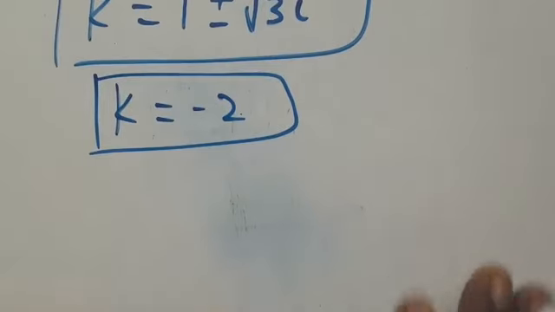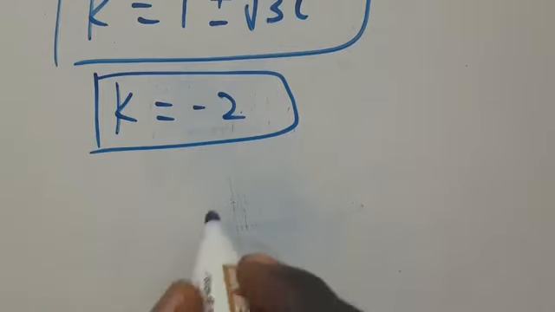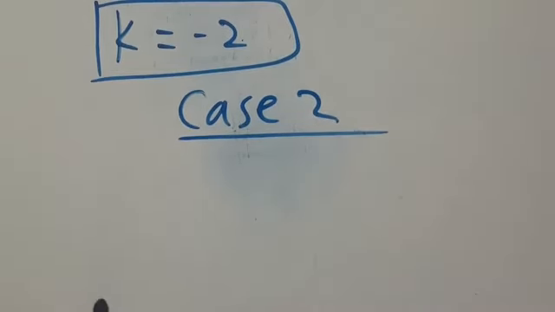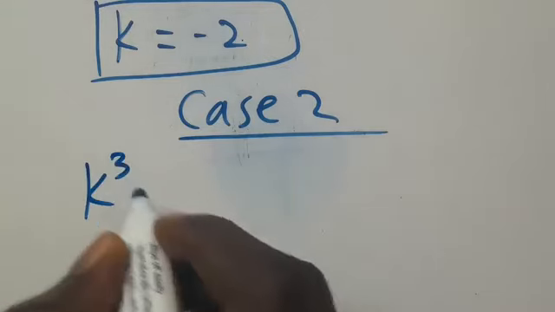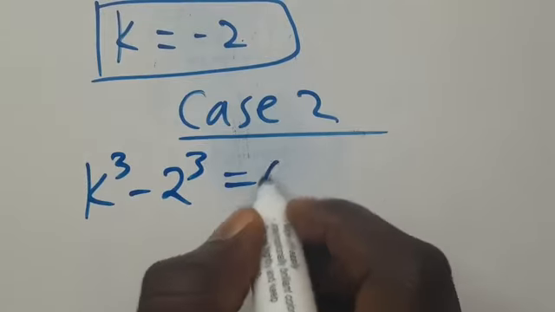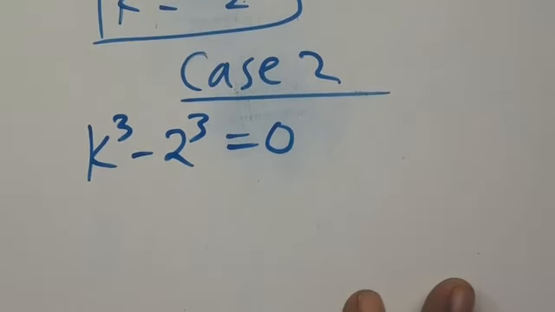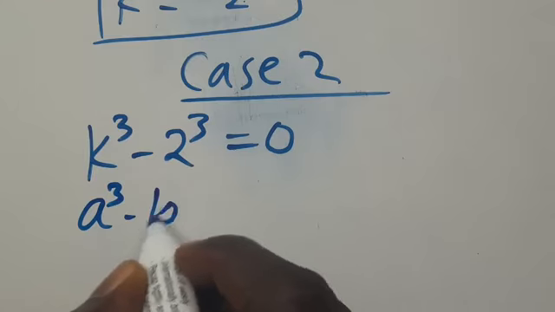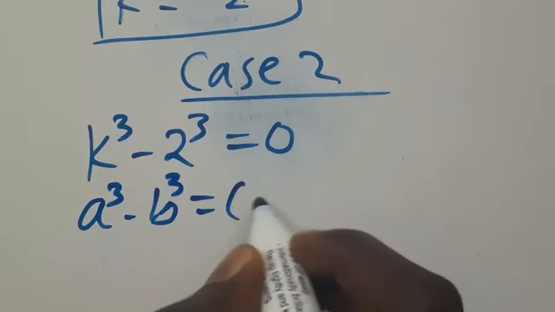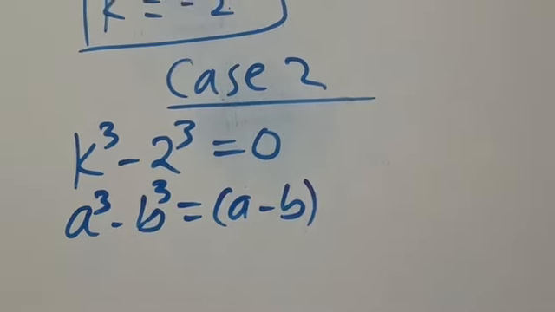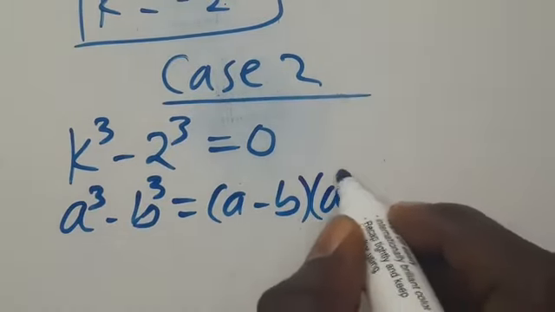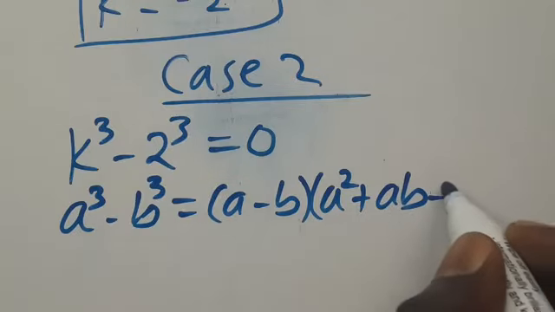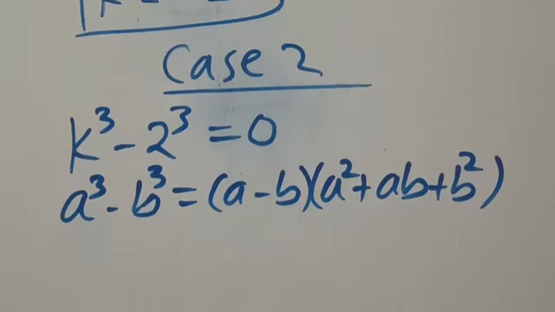Then let us also recall from case 2, where we have k to the power of 3 minus 2 to the power of 3 equals 0. Difference of 2 cubes. When you have a to the power of 3 minus b to the power of 3, we only have it to be a minus b, all in brackets, then multiply by a squared plus ab plus b squared.